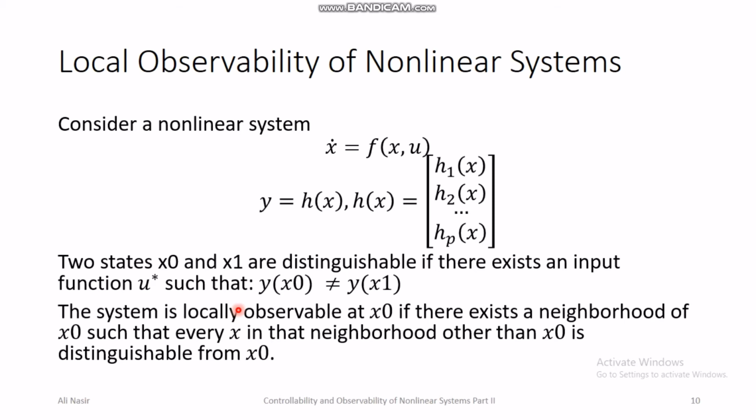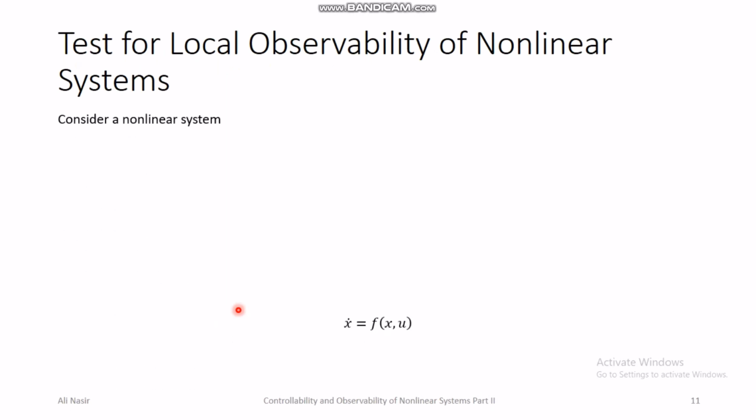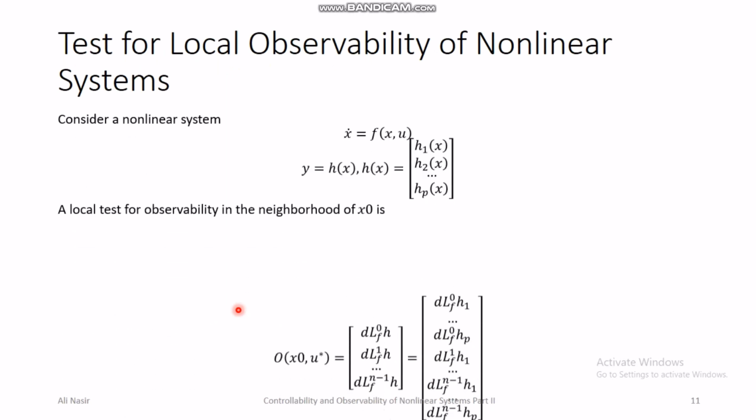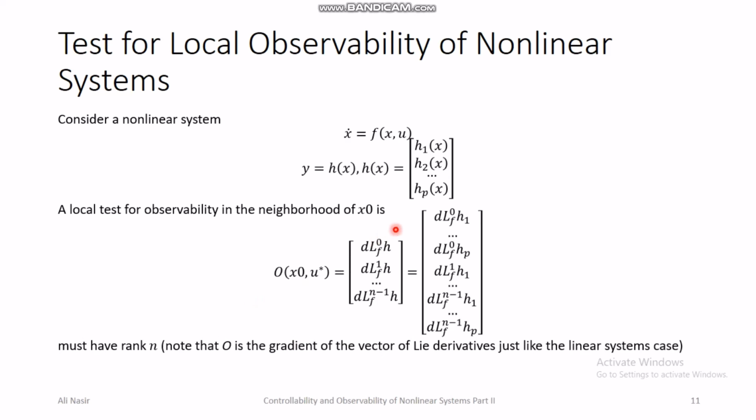And then we looked at the test for observability for nonlinear systems. That was this observability matrix, which is very similar to the one in linear systems, except that here h1 up to hp are nonlinear functions, so their gradients will be different from simple c.